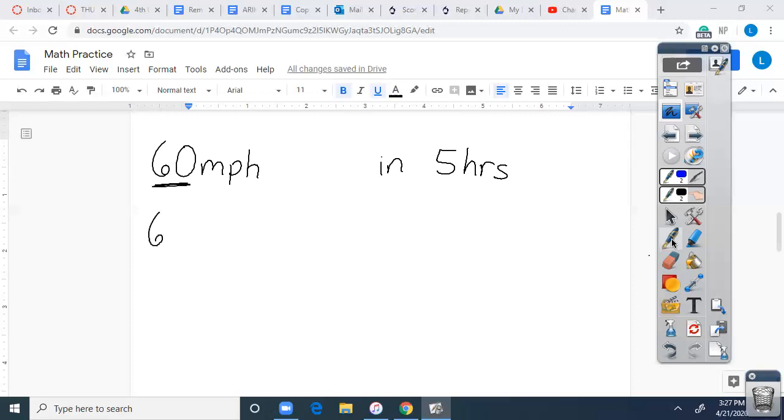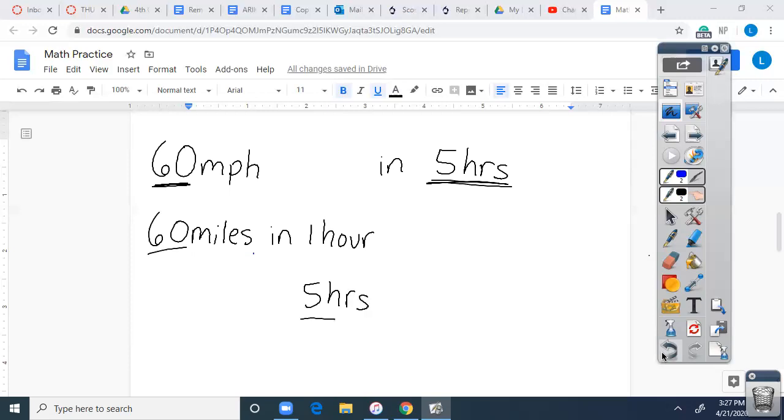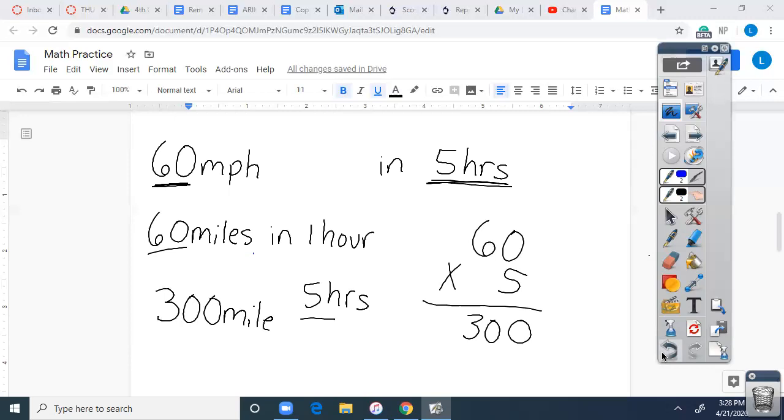So that means 60 miles in 1 hour. So how much can she go in 5 hours? You're going to do 60 times 5. 5 times 0 is 0. 5 times 6 is 30. So she can go 300 miles in 5 hours.